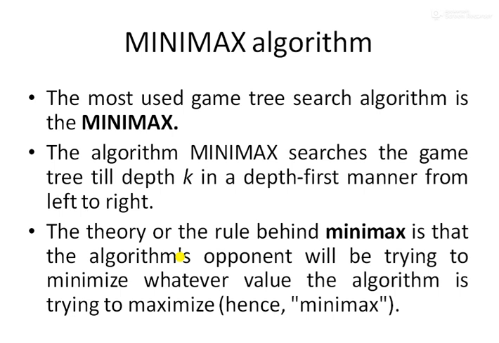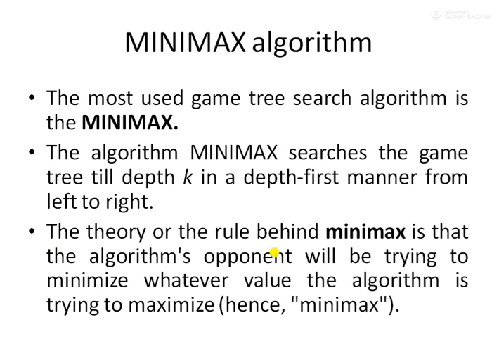So the theory or the rule behind MiniMax is that the algorithm's opponent will be trying to minimize whatever value the algorithm is trying to maximize. So what is the meaning of this rule? That means Max always tries to maximize his value, right? Because he wants to win.